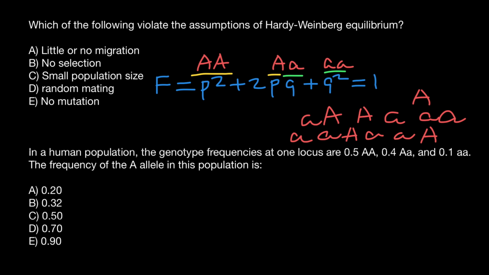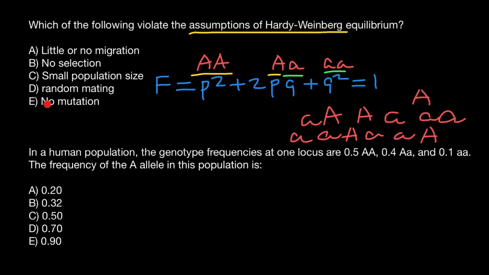According to Hardy-Weinberg assumptions, in order for the frequency of the three genotypes to be stable from one generation to another, we should not have mutation in such a population, because otherwise the frequency of the dominant and recessive alleles would change, or we could also get another allele, for example A prime or A2, A3.